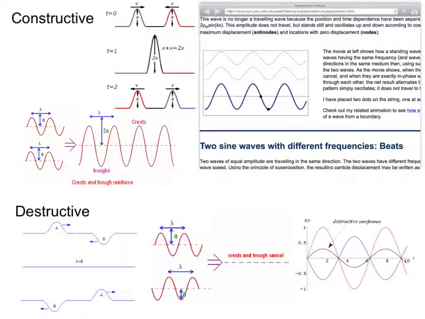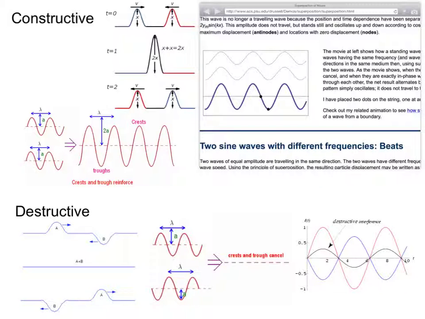Eventually, things will overlap and add up. It just won't be as often, but I'm not going to worry about that and the idea of beats and everything else there. But here, they're perfectly in phase with one another, so they add up. Wavelength remains constant. It's just the amplitude that grows.